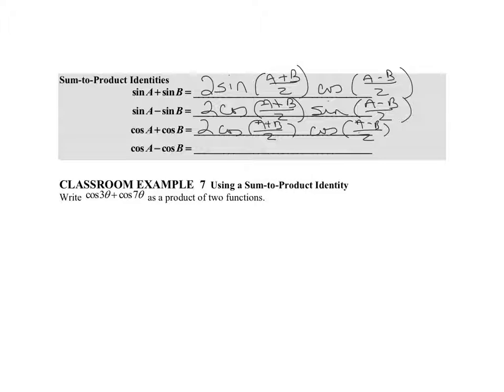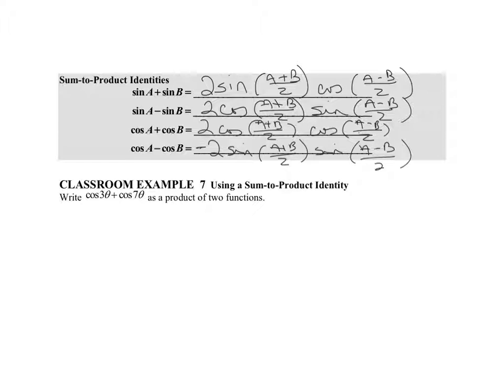It has a negative 2 times the sine of (A plus B) over 2 times the sine of (A minus B) over 2. There's just practically no way to have all these memorized and ready to use when you test. You're going to need to reference these.